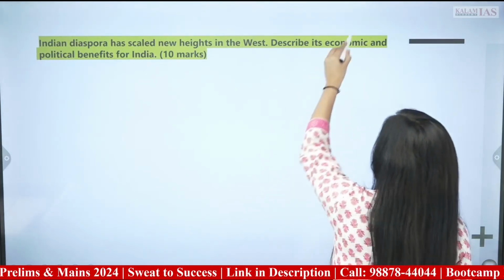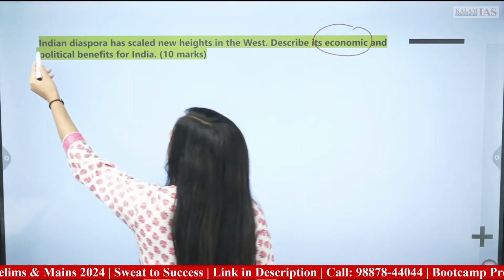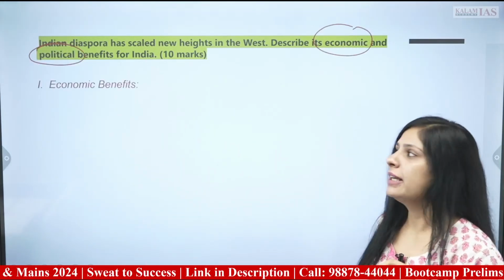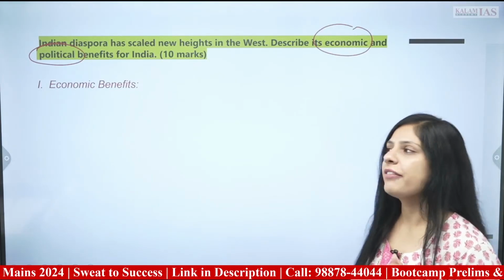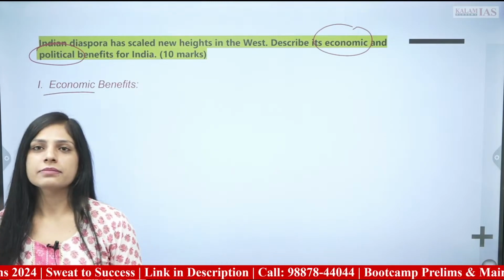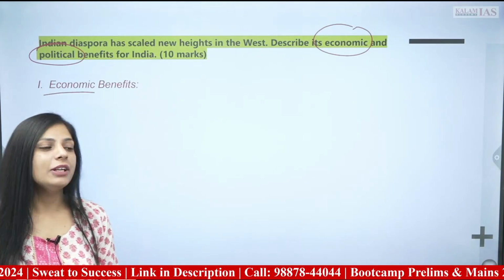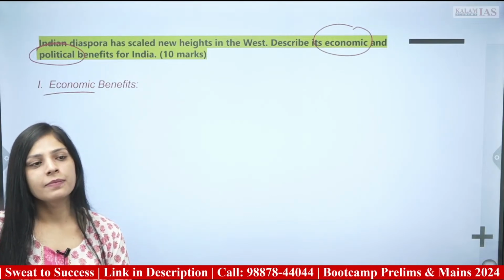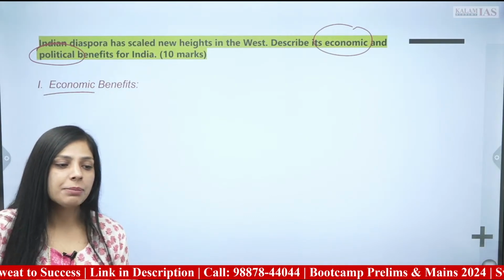We have divided this into two parts, economic and political benefits, and following the pattern of the question, we would first write about the economic benefits. So what all economic benefits do we receive from the diaspora? Think about it.